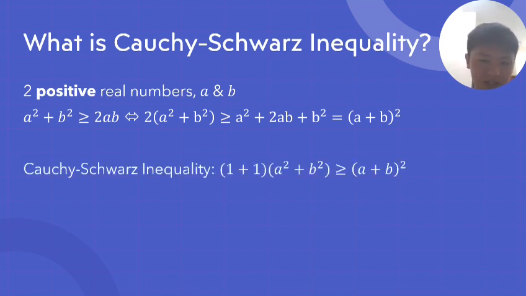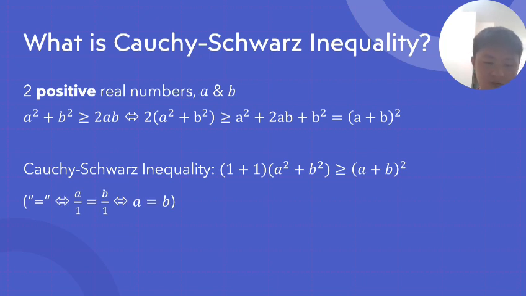What is interesting about this is that it is the Cauchy-Schwarz inequality, in which I split the number 2 into 1 plus 1, so that (1 plus 1) multiplied with (a squared plus b squared) is larger or equal to (a plus b) squared.